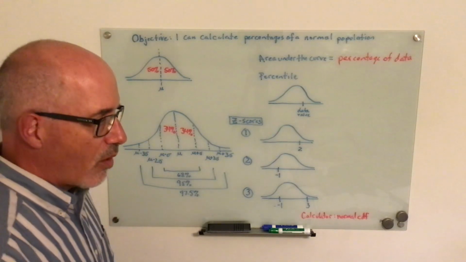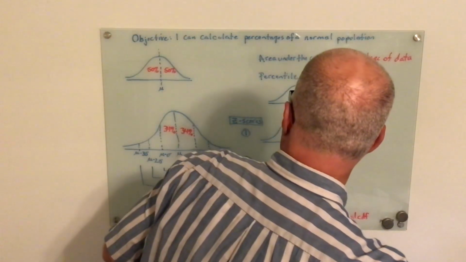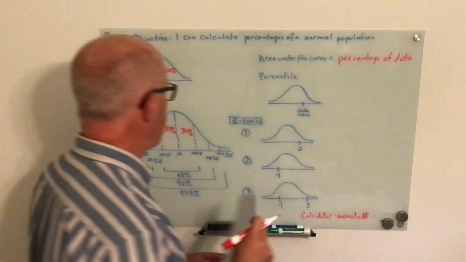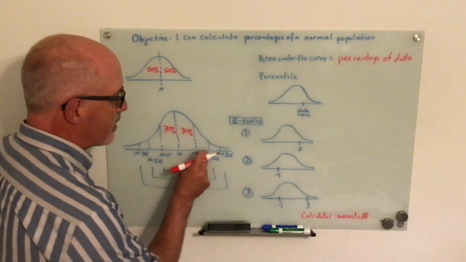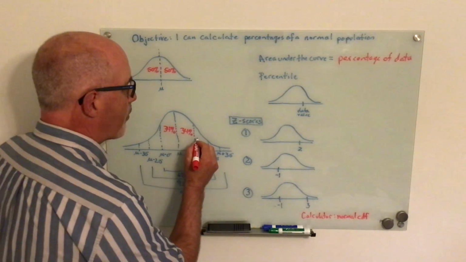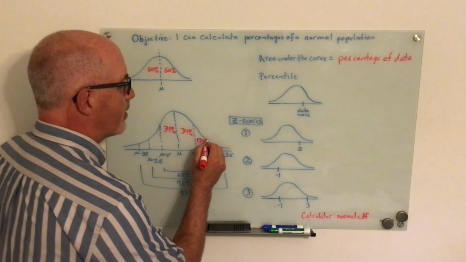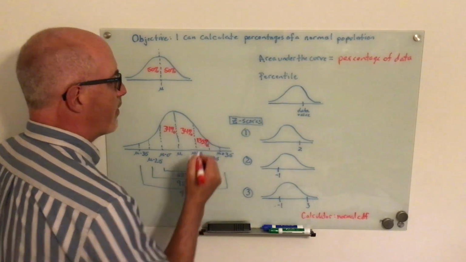Okay. Now the next category, we're going to go to the two standard deviations. So between one standard deviation above and two standard deviations above is about 13.5% of the data. That's 13.5.